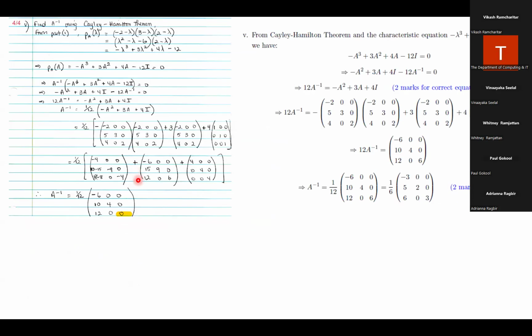In this case, the student did everything correct. And this last number that I highlighted here is not supposed to be a 0. I think it's supposed to be a 6, depending on the marks here. It's supposed to be 1/6 by 3, which is a half. So they have 12 outside here.